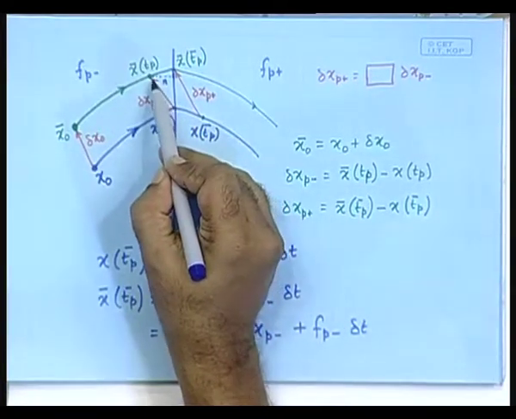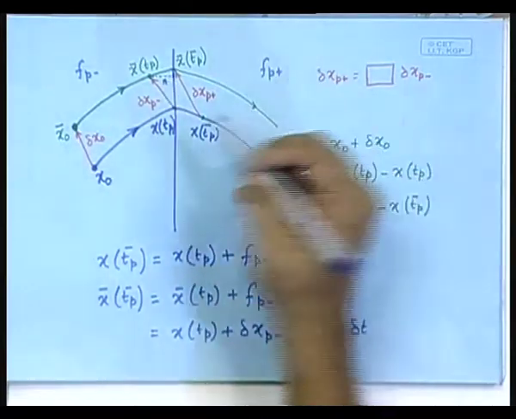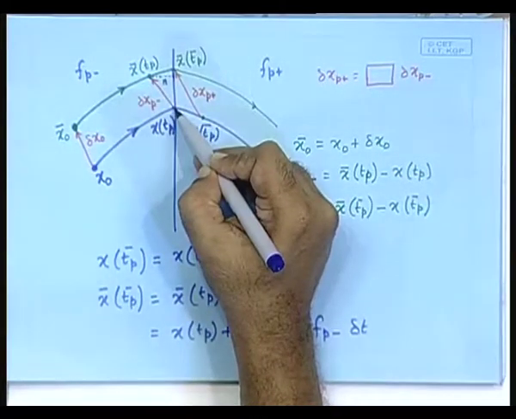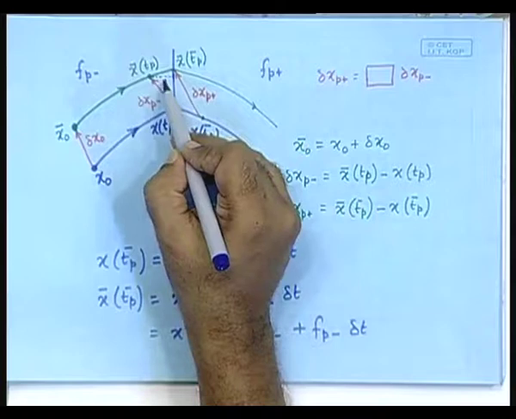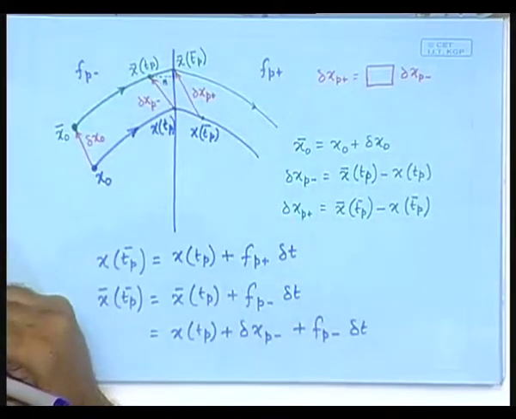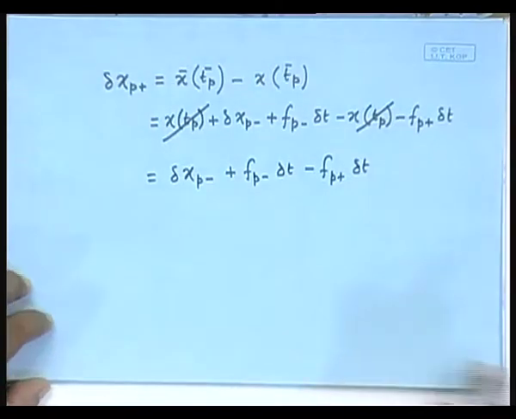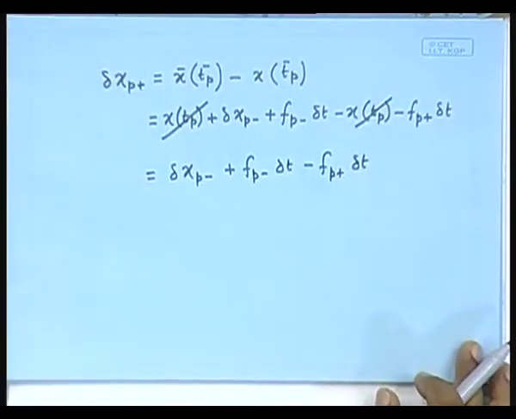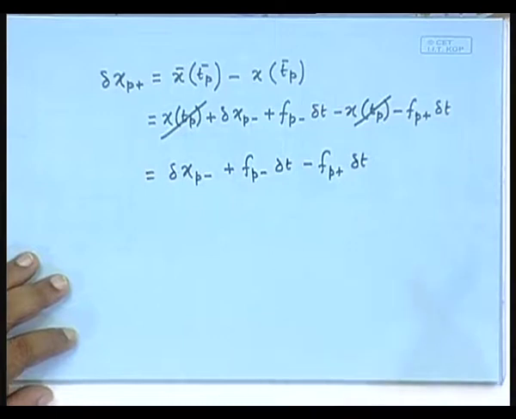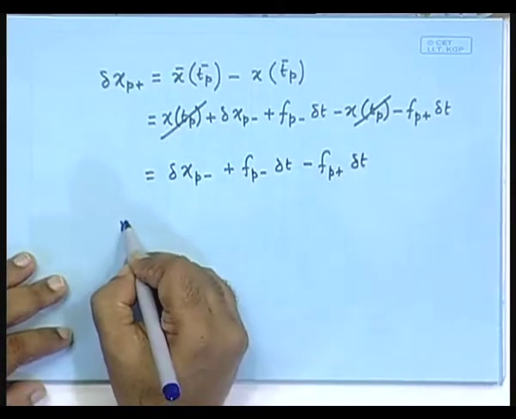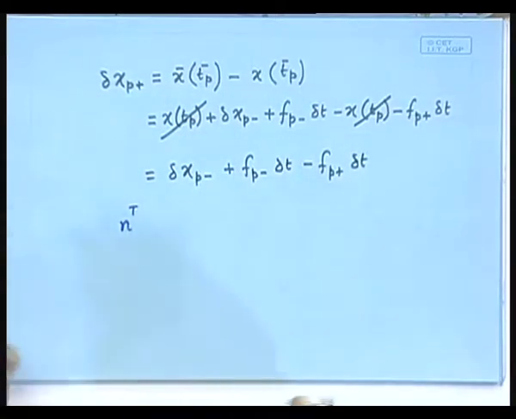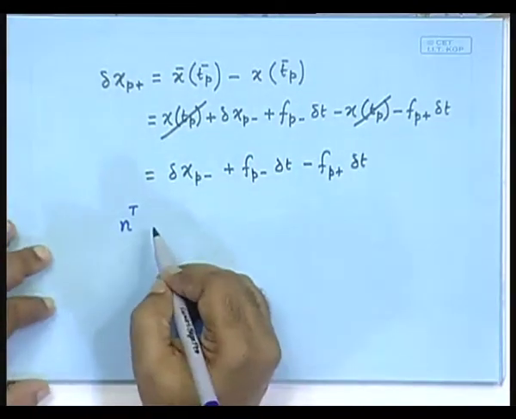So, n times this vector is equal to negative of n times this vector, right. So, we can logically write n transpose, because n will be a vector, it has to be transposed in order to multiply with it.